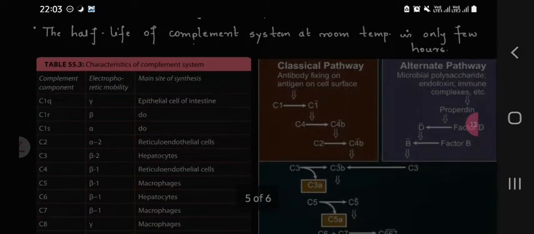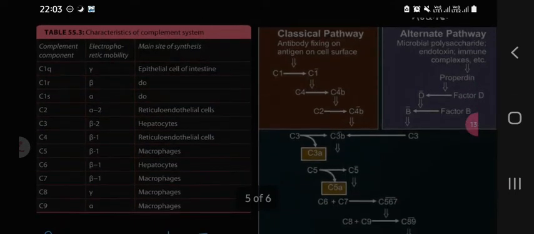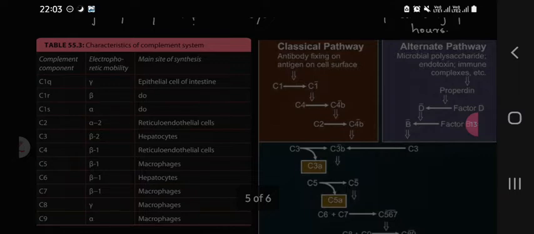The half-life of the complement system at room temperature is only a few hours. Classical pathway: antibody fixing on antigen on cell surface. Alternate pathway: microbial polysaccharides, endotoxin, immune complexes, etc.